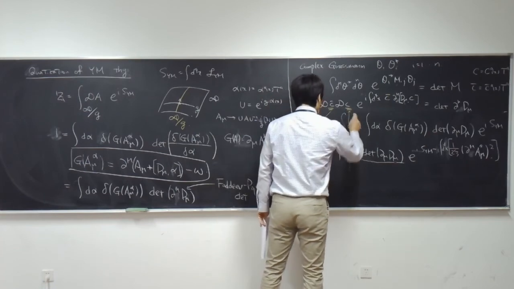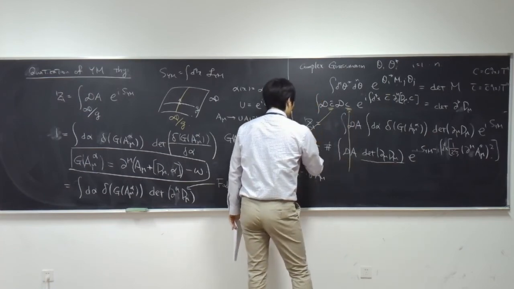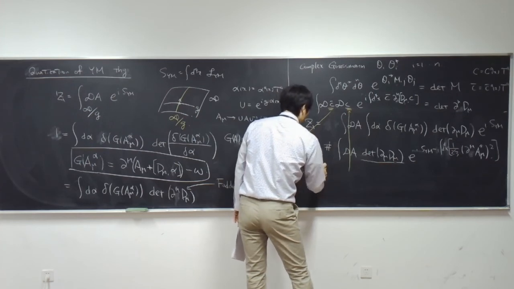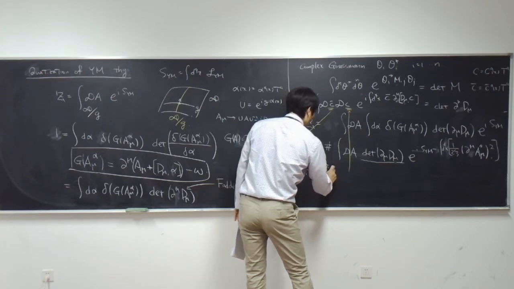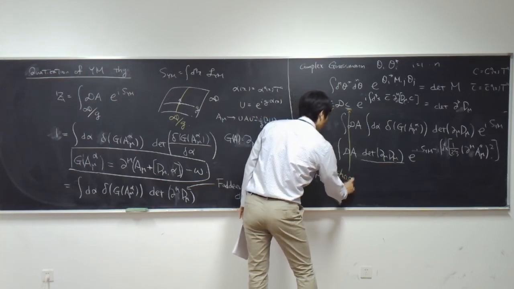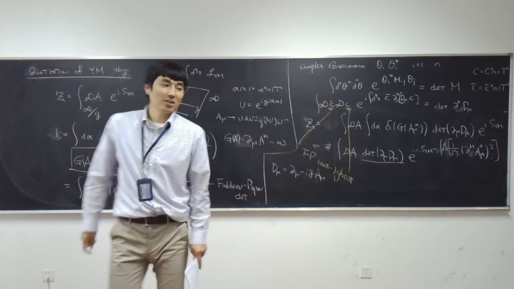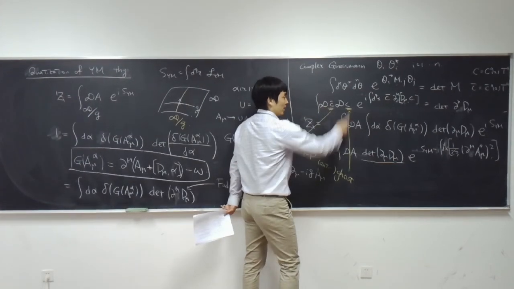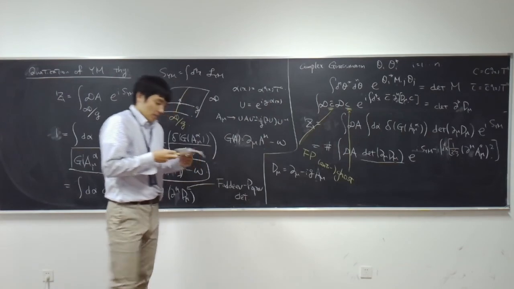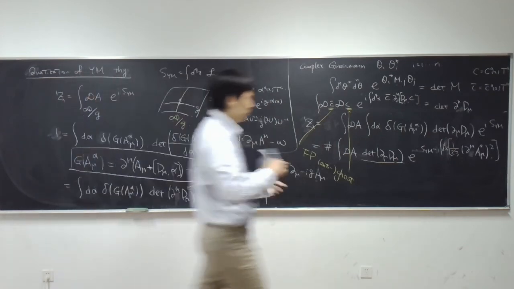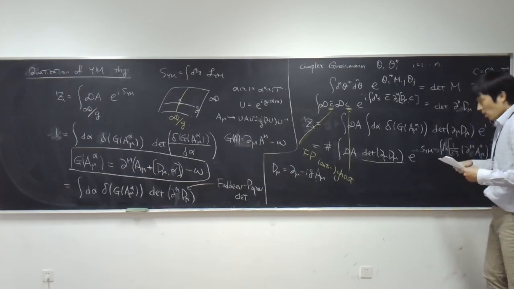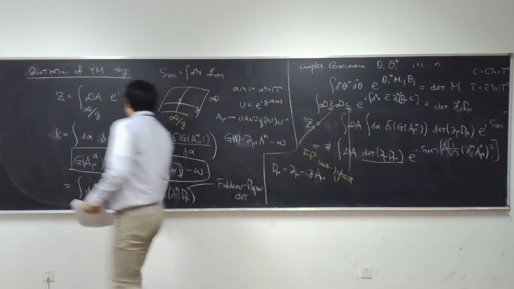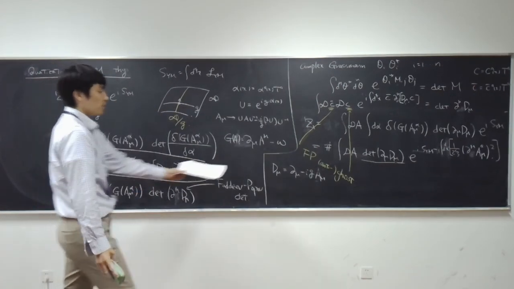And c bar is called the Faddeev-Popov anti-ghost, and c is called just the ghost. It's not a physical field, so people call it a ghost. Okay, so that's how you interpret this Faddeev-Popov determinant.